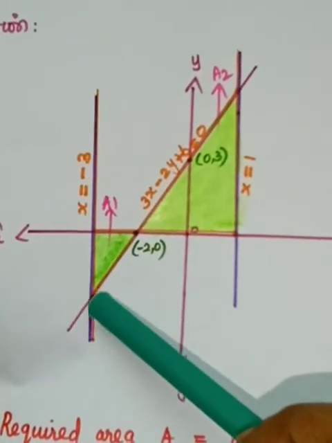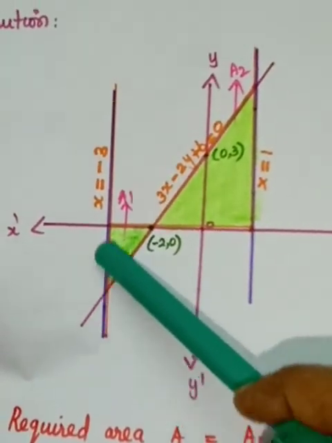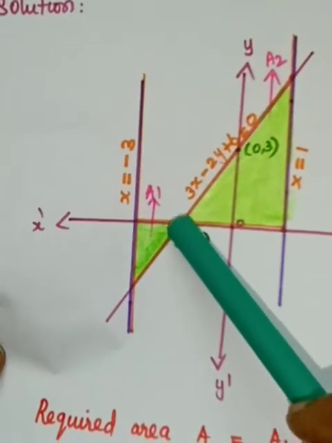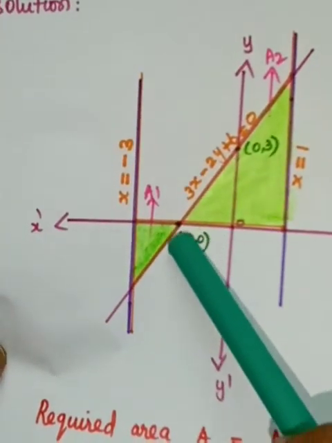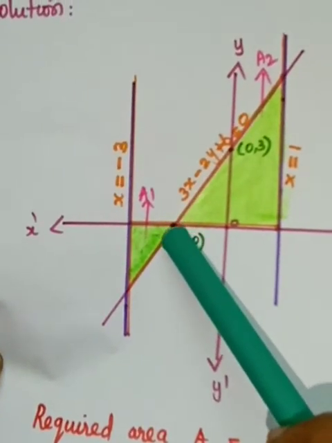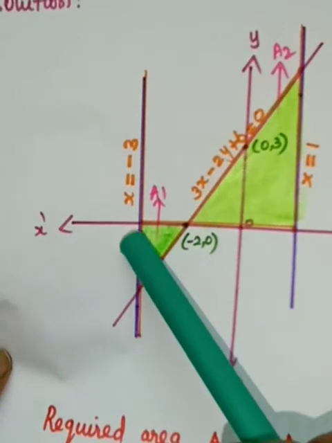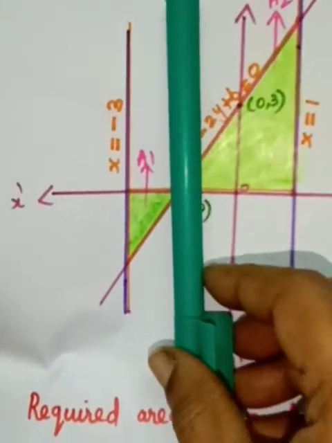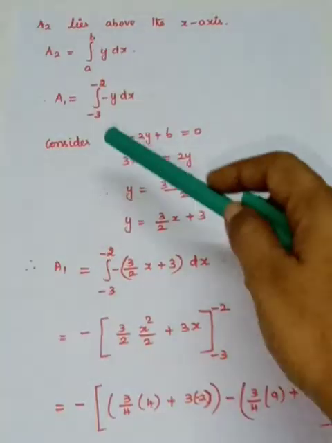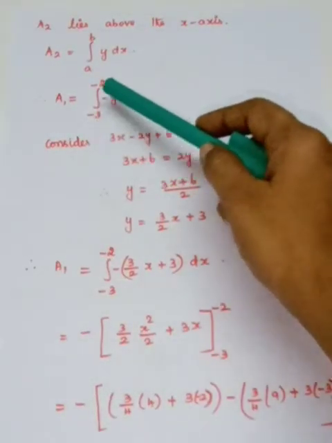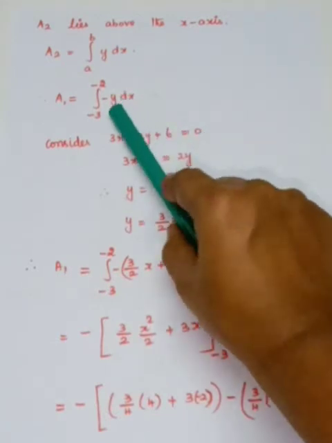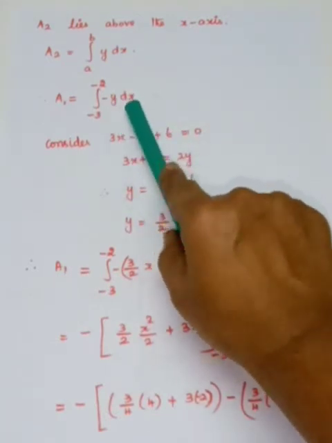The lower limit is x equal to minus 3, and where it has to stop, it is over at the point minus 2, 0. So the limits vary from x is equal to minus 3 to x is equal to minus 2. A1 lies below the x-axis, so it is minus y dx.